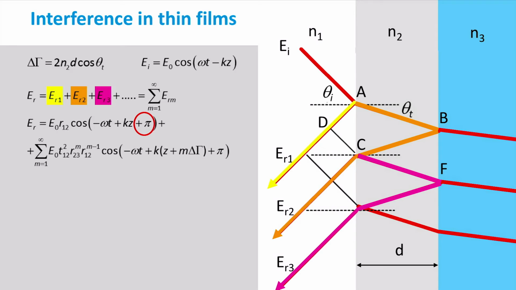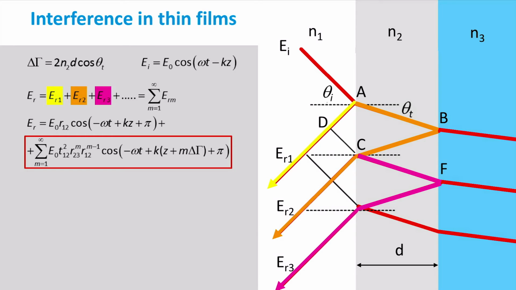As discussed in the previous section, this phase shift occurs when a wave is reflected off the surface of a material with a higher refractive index than the one the wave was traveling through. The second part of the wave function describes the multiple reflections event at the 2-3 interface. R and T denote the various reflection and transmission coefficients as described by the Fresnel equations. M denotes the number of reflections at the 2-3 interface.